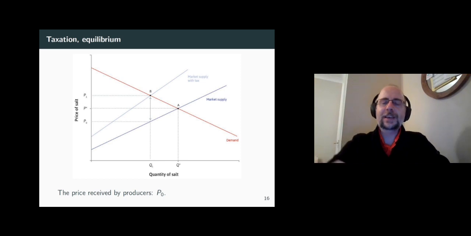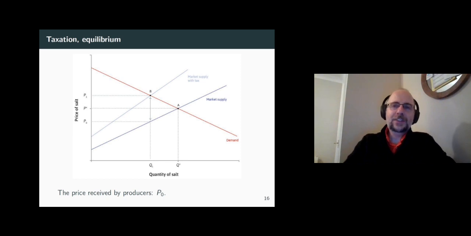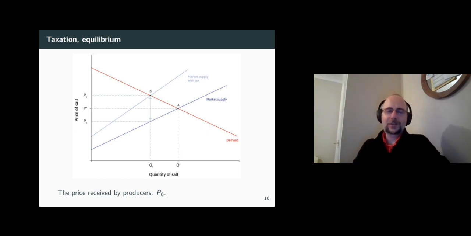Notice also that in addition to changing the prices and quantities on this market, taxation produces a third and a very important event. It has a number of distributional consequences. In other words, it takes rents away from someone and gives it to someone else. We'll discuss these distributional consequences of taxation during the live lecture.